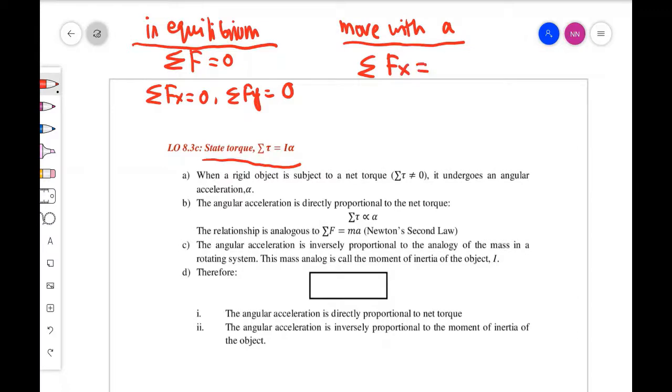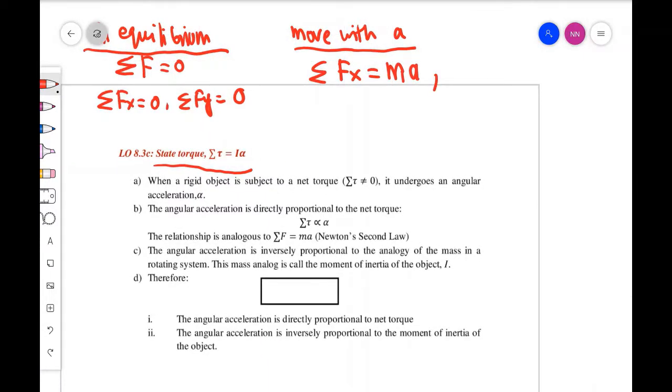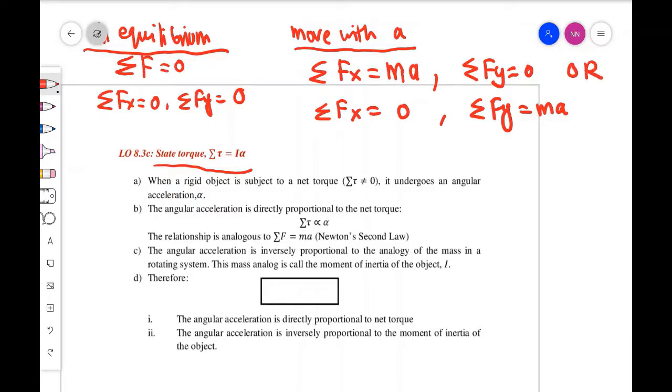Kalau dia accelerate pada komponen X, net force X equals ma dan komponen Y dia in equilibrium. Kalau dia accelerate pada komponen Y, komponen X dia in equilibrium dan komponen Y equals ma. Itu dalam chapter 4.